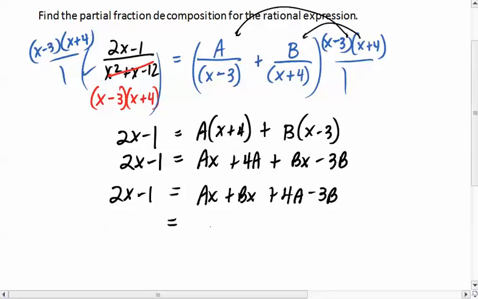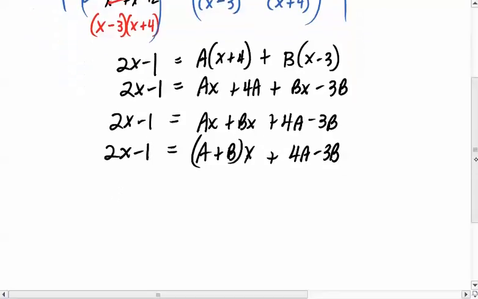Alright, so let's do the factoring the way that we want to factor it. Pull the x out. I'm going to add 4a minus 3b, and that's equal to 2x minus 1. Now, let's take a look at the parts. This is an identity. This must equal this.